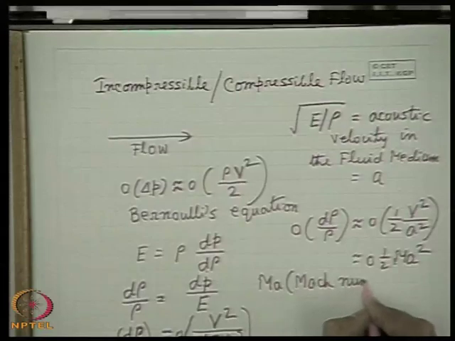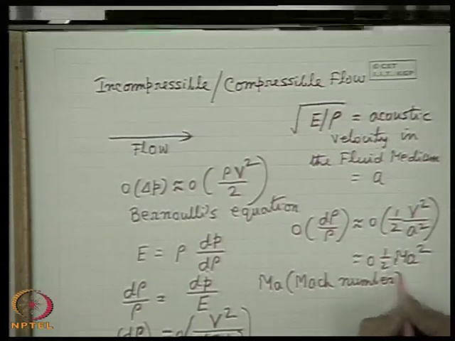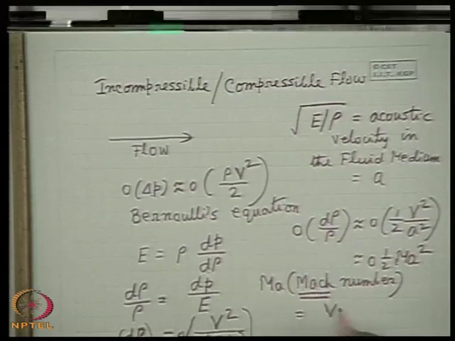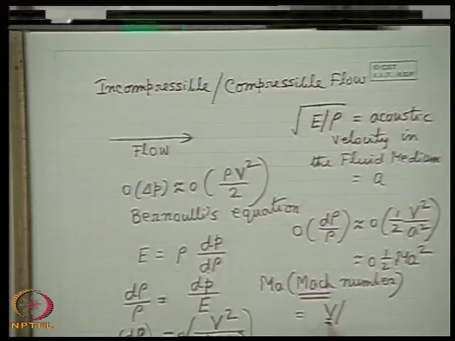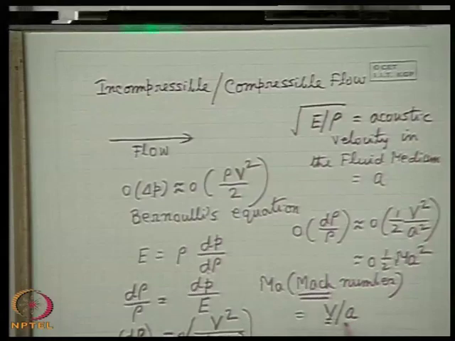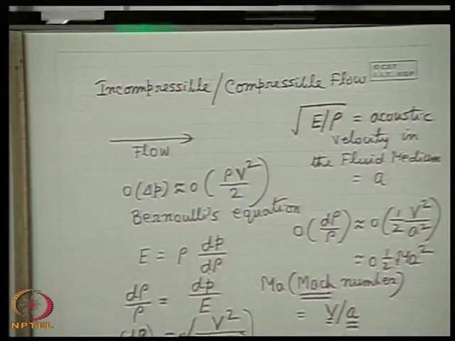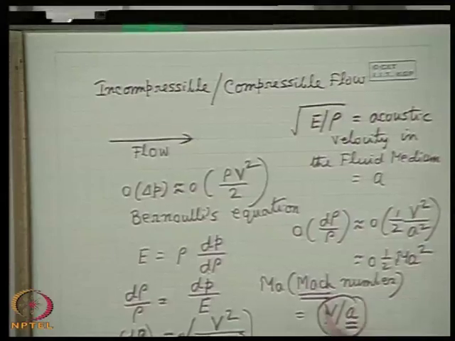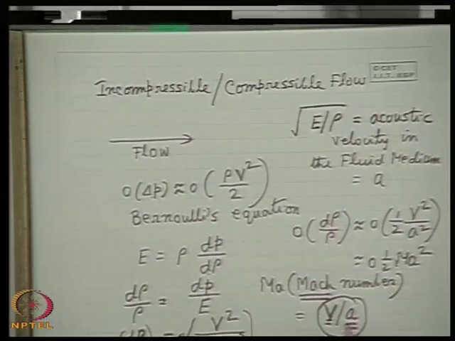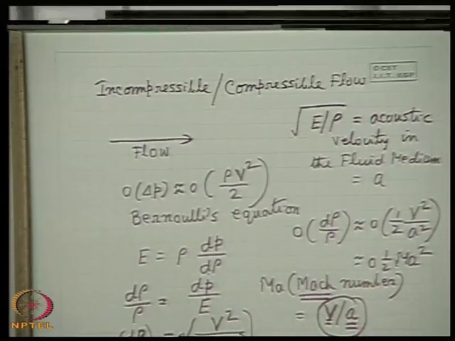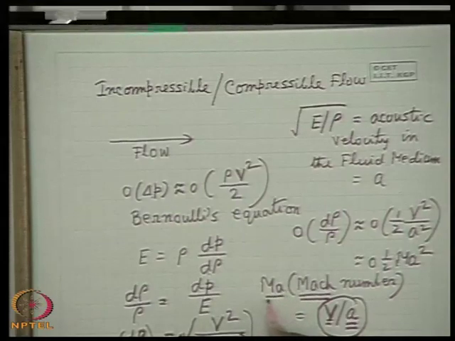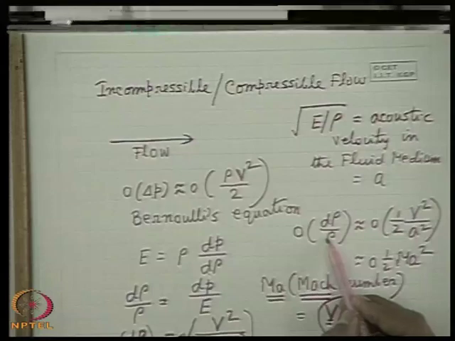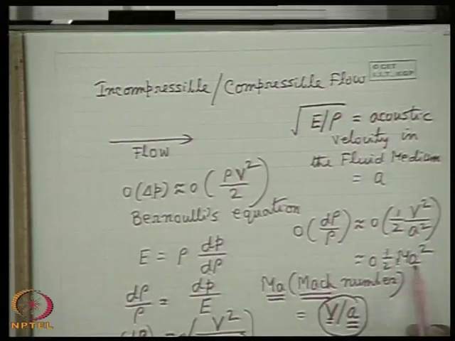Mach was a German scientist, and Mach number is defined as the ratio of the velocity of a fluid to the acoustic velocity in that fluid at that particular condition of flow. So this ratio is a dimensionless quantity, and it is known as Mach number. So therefore we see the change in density to the initial density is half Ma square.